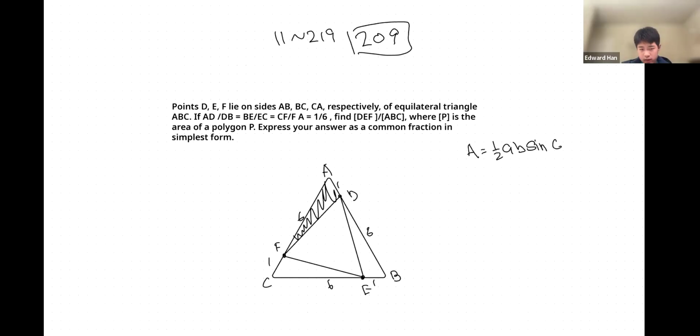And there's also a general rule that if we have a triangle here, actually, maybe I draw lines.